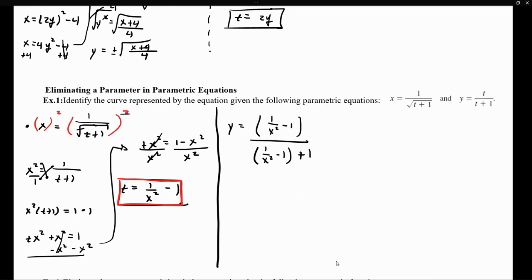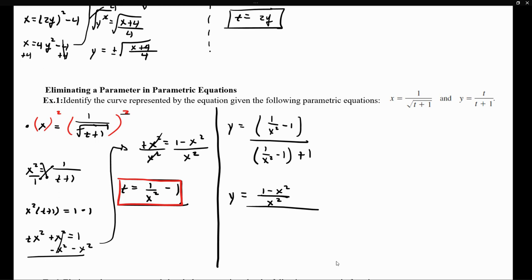Notice that at this point, we do have an equation for y in terms of x, but this definitely doesn't look nice. So let's try to simplify our expression. Now notice that the numerator can be written as 1 minus x squared over x squared.